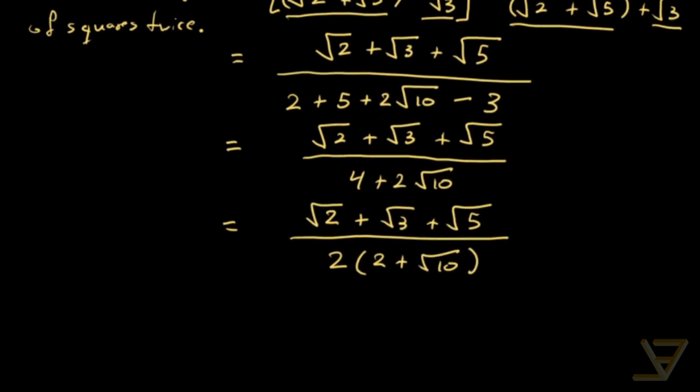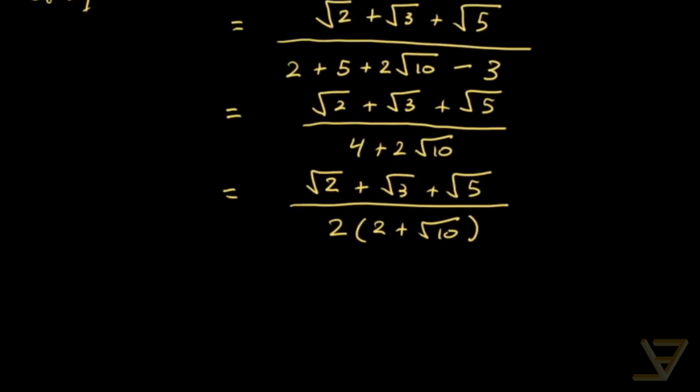Now at this point you should be able to see what we're going to do. We're going to use difference of squares on this component. So let's actually not expand the whole numerator out. Let's just see what happens to the denominator. What we're going to do with the denominator is 2 times 2 plus square root of 10. And we could do 2 minus square root of 10, but it's easier to do square root of 10 minus 2.